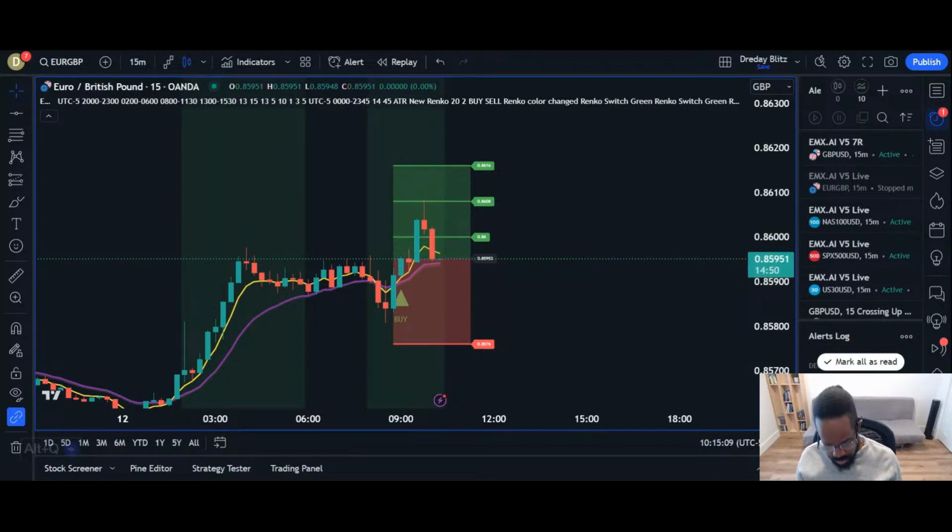So make sure that you focus on those, limit yourself to a few pairs, and master them, and you won't need anything else. You don't need to trade the 26 or 30 forex currencies available in the market. You just focus on a few of them, and it has to make sense with your lifestyle.